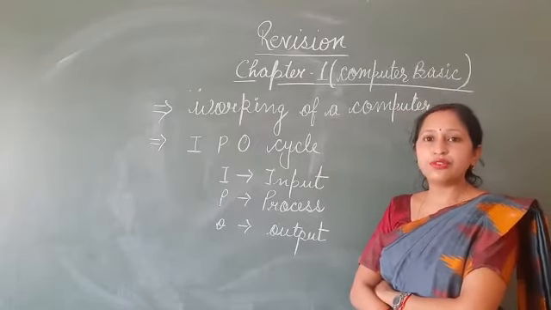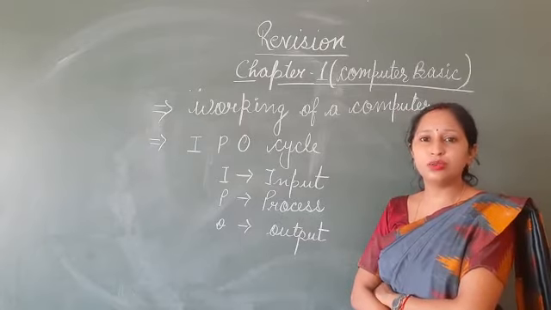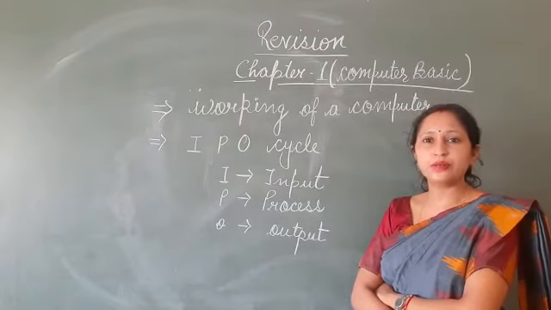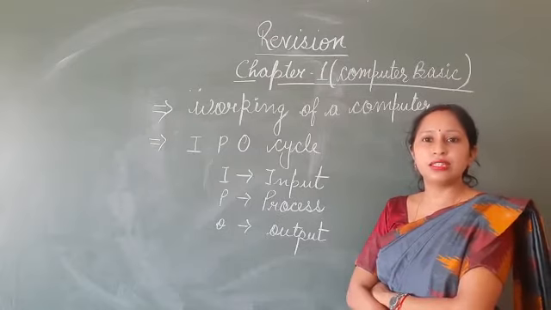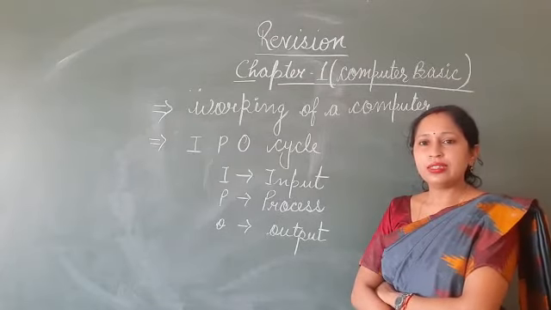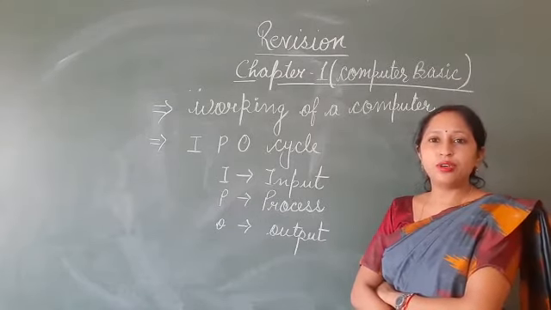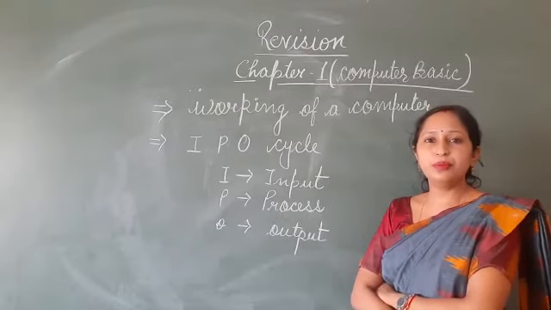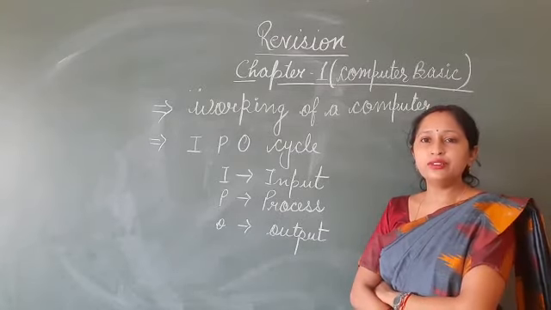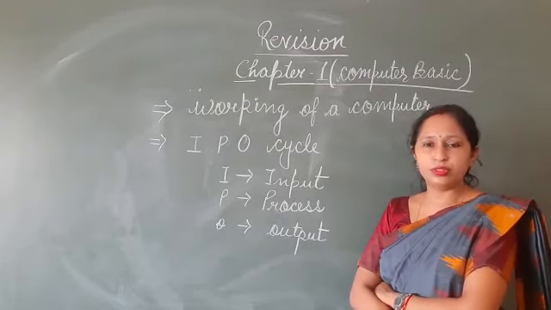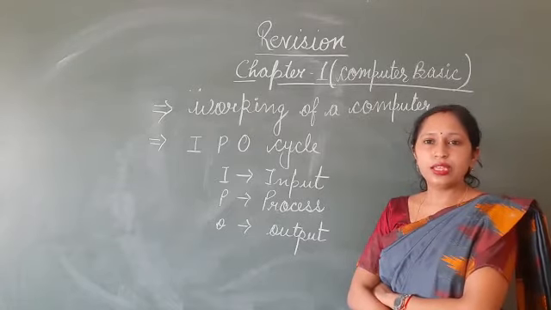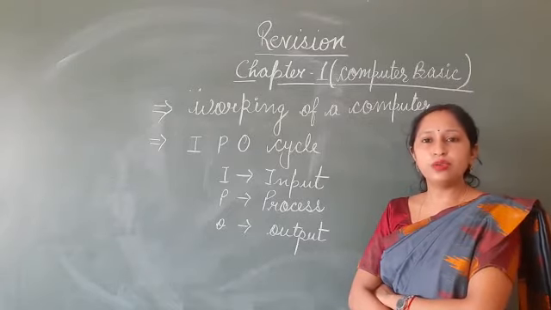Okay, and then your computer will process that information. It is known as process. P in the IPO cycle stands for process. Then after processing, the computer will produce a result. That result is known as output. So in the IPO cycle, O stands for output.